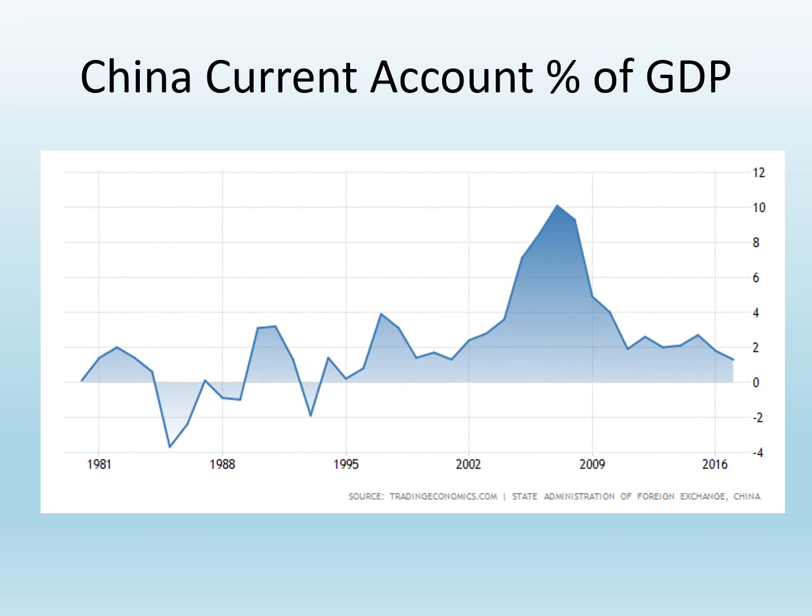When you look at China, what is happening in the US current account deficit is being reflected in the Chinese current account surplus. You'll see that around 2008 to 2009 the Chinese current account surplus peaks, and then we have an ongoing decline.